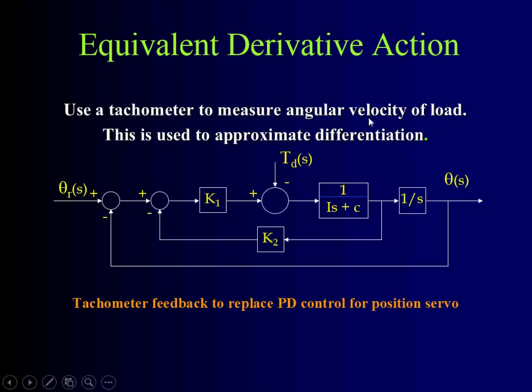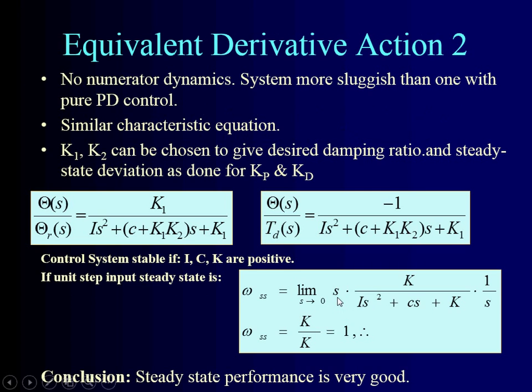So in this case, you have this tachometer that measures the angular velocity of this load, and then this is used to produce differentiation. So this is an equivalent circuit as a whole to a PD controller. Okay.